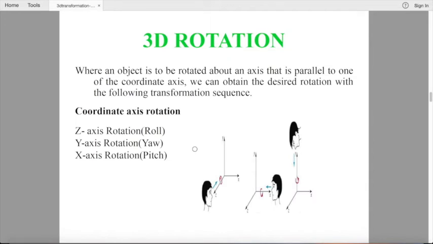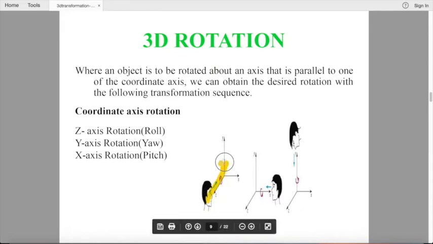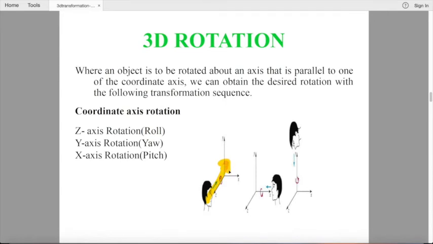On 3D rotation, where an object is to be rotated about an axis that is parallel to one of the coordinate axes, we can obtain the resulting rotation with the following transformation sequence. You see that Z is called roll, and you will see the picture of the man looking this way, and this is the way that Z will roll with rotation.